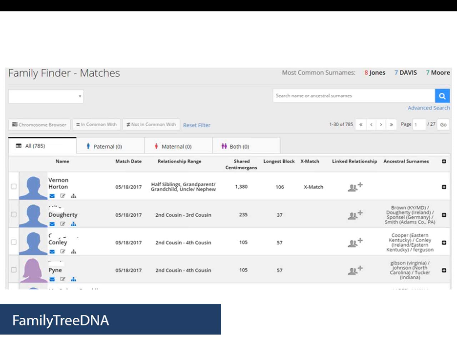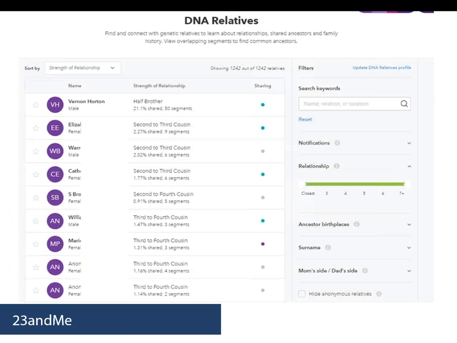You are also usually provided an email, a family tree if the match provided one, as well as a list of surnames if they provided them. For 23andMe, Ed had 1,242 matches, which have the names, predicted kinship, and percentage of DNA shared with more options after clicking on each match. You can contact your matches here through 23andMe's message system and share your email with them if you wish.